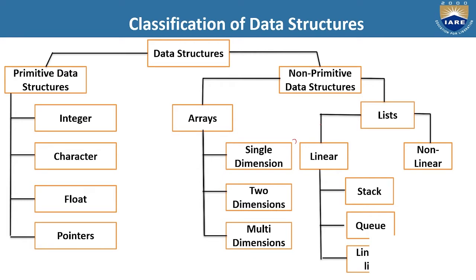For example, in a stack, the last in first out philosophy is used, that is, the most recently inserted element can be picked out. Coming to queues, first in first out: the element which is first inserted will be removed first. In both cases, the elements are related to one another, and there is one-to-one cardinality.